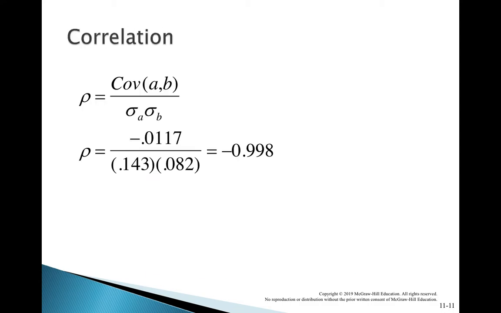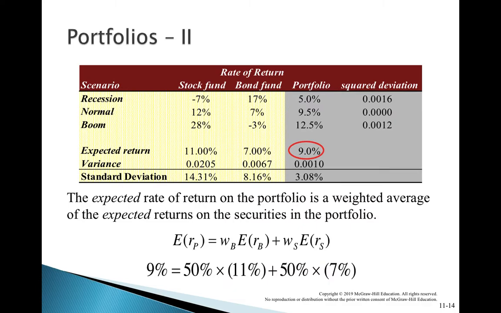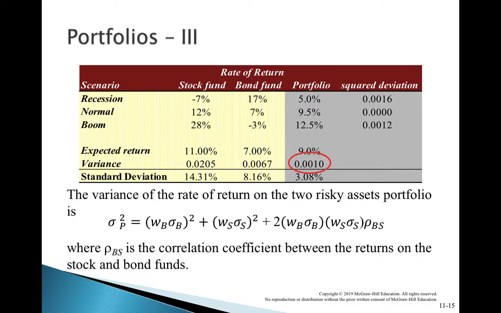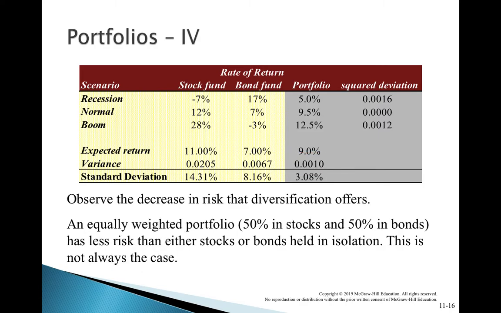You have just calculated here, minus 0.998. So once you use it, you will get 3.08 as the standard deviation of the portfolio.